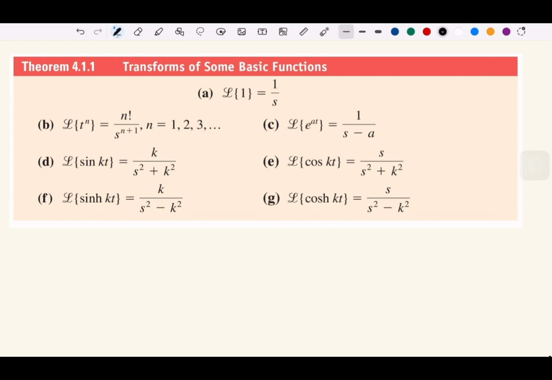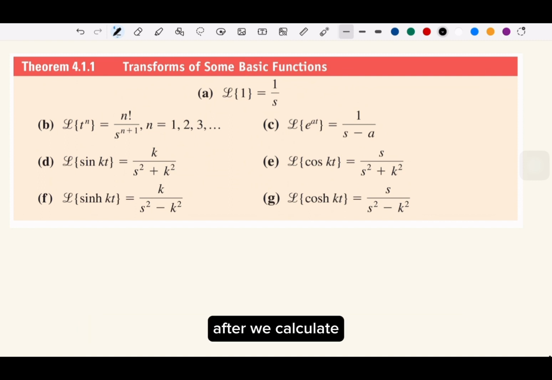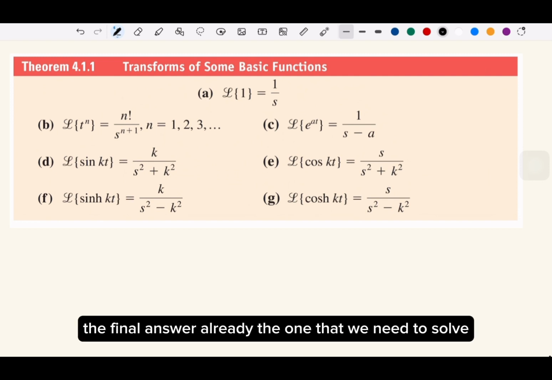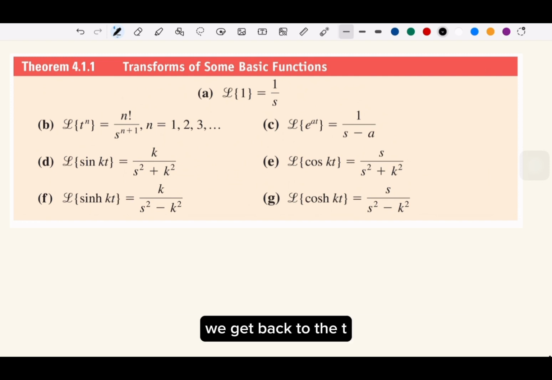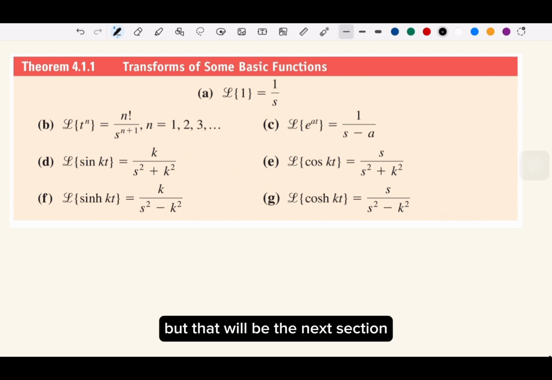Then we can set up some algebra within the s. After we calculate, we get the final result in s. Then to get the final answer, the one that we need to solve, we get back to t. We need to take the inverse on this s. We call that the Laplace inverse transformation, but that will be the next section.